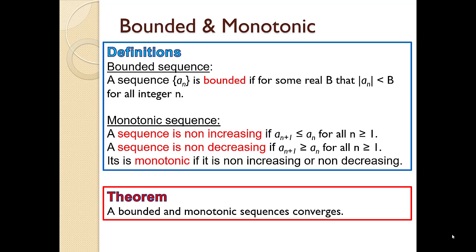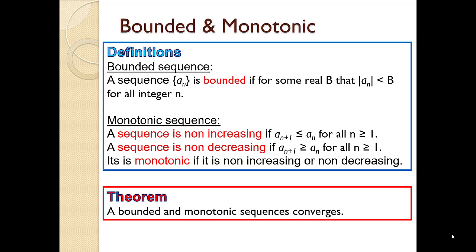A sequence is called non-increasing if the next value, a sub n plus 1, is always less than or equal to the previous value, a sub n. That means the sequence can never increase. A sequence is called non-decreasing if the next value, a sub n plus 1, is always greater than or equal to the previous one, a sub n.